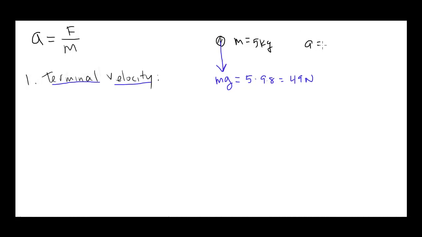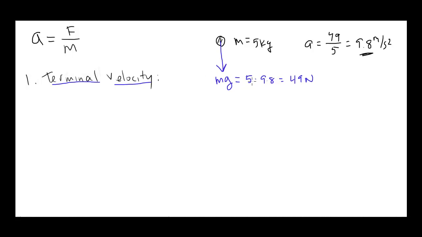So the acceleration is just going to be 49 divided by 5 kilograms, which is equal to 9.8 meters per second squared. This is the free fall acceleration. And maybe it makes sense that this rock is in free fall acceleration right now because it hasn't sped up yet, so there's no air resistance.